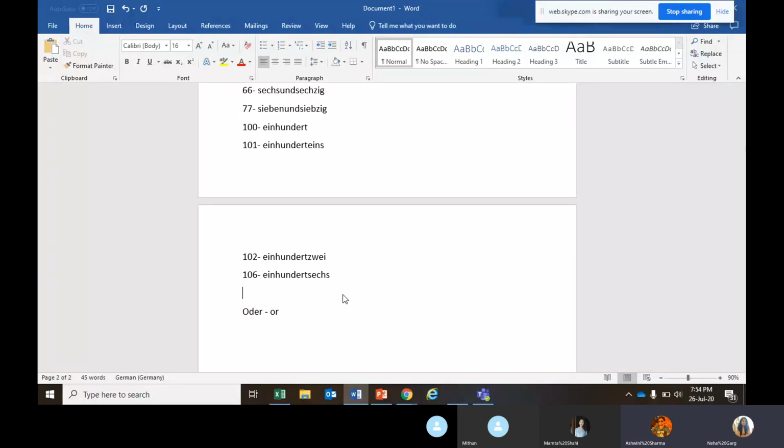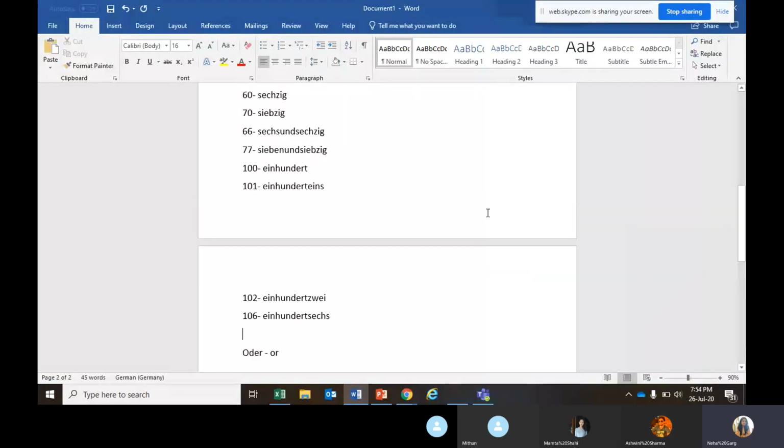Or you can just say, forget this ein. 100 means 100. 101 oder 102, like 101 or maybe 101. It's one and the same thing, right? Schreib it wie 101 oder, which means or, 101.